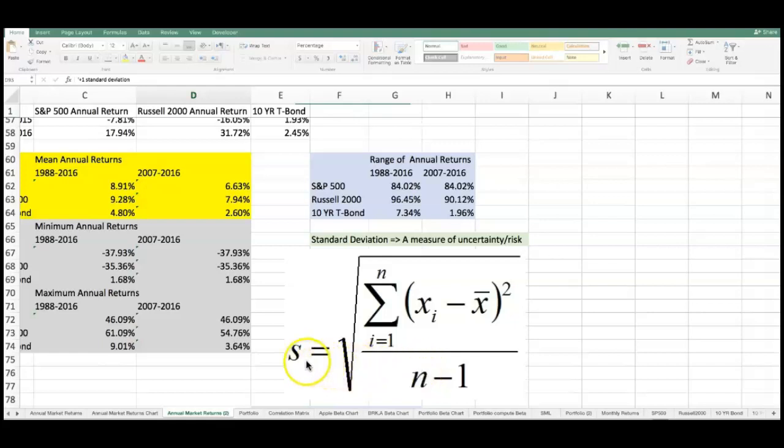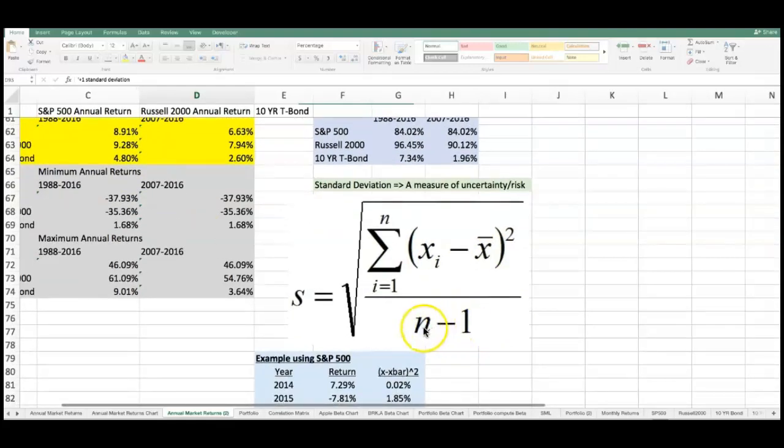Mathematically, the standard deviation is equal to the square root of, in the numerator, the sum for each year of the squared difference between that year's return and the average annual return, divided by n minus 1, the number of years minus 1.